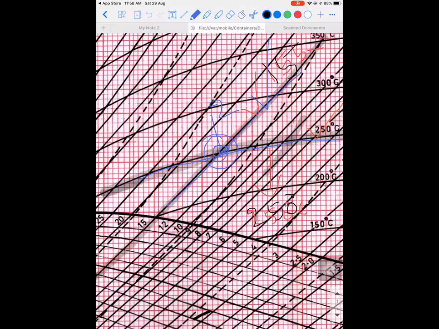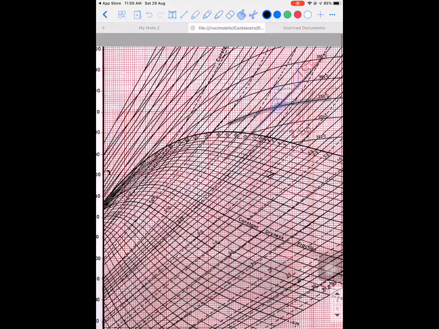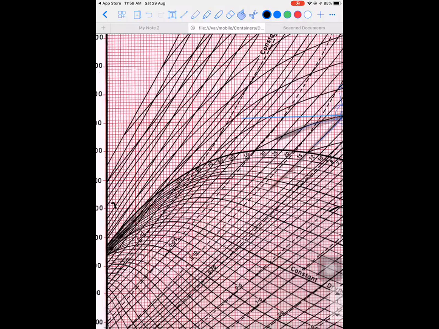Now you have to draw the horizontal line as well as the vertical line. I'm going to draw the horizontal line, and I'm continuing the same line.